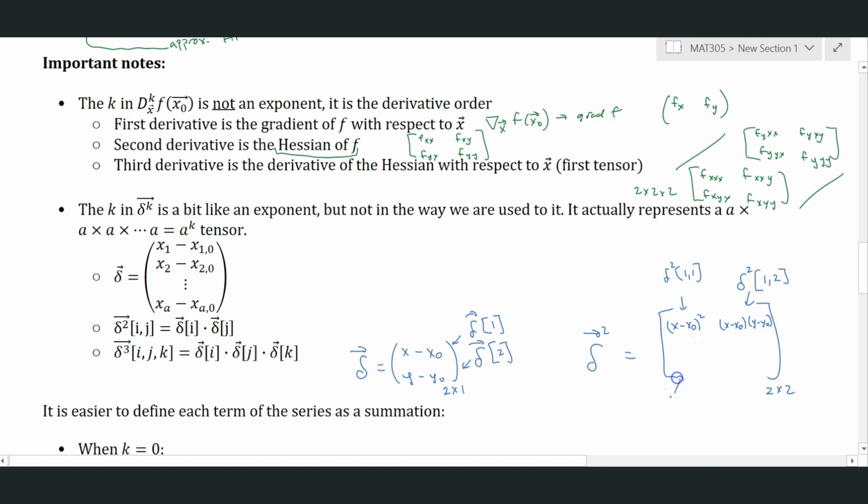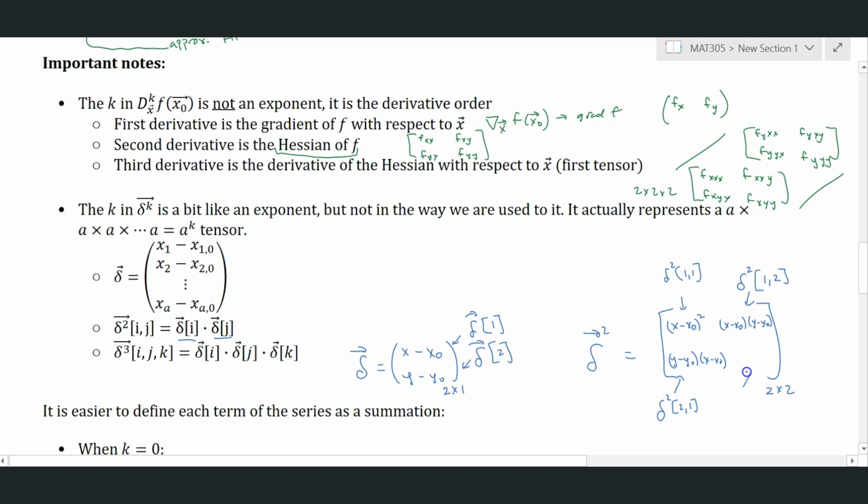Now, here we're going to get into the second row, first column, and that will be delta, by definition, here i is 2, j is 1, so it'll be delta 2 times delta 1. So it's really the same as this element here, it's just multiplied in opposite order, and that doesn't make a mathematical difference, right? Because multiplication commutes, it's commutative.